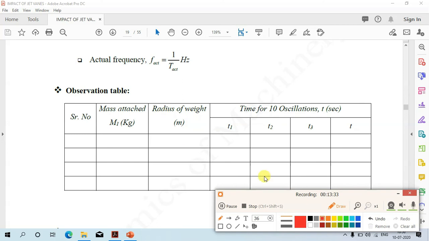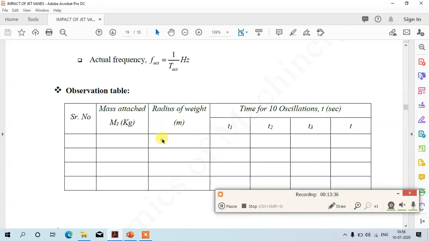Here you have to write the radius of weight, or the radius of fixation of weight. The radius at which you fix the weight is written here as 0.15 meter, or 15 centimeter. So 0.15 will be there, and here the time period for 10 oscillations. You have to take 3 readings.